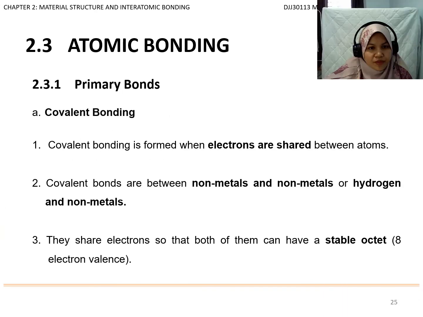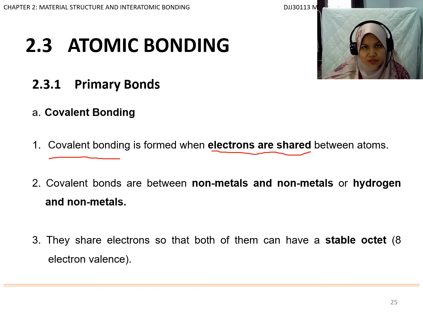Primary bonds. We go to covalent bonding first. So covalent bonding is formed when electrons are shared. Maksudnya kat sini untuk covalent bonding, dia kongsi elektron antara atoms. Covalent bonding is between non-metals and non-metals or hydrogen and non-metals.